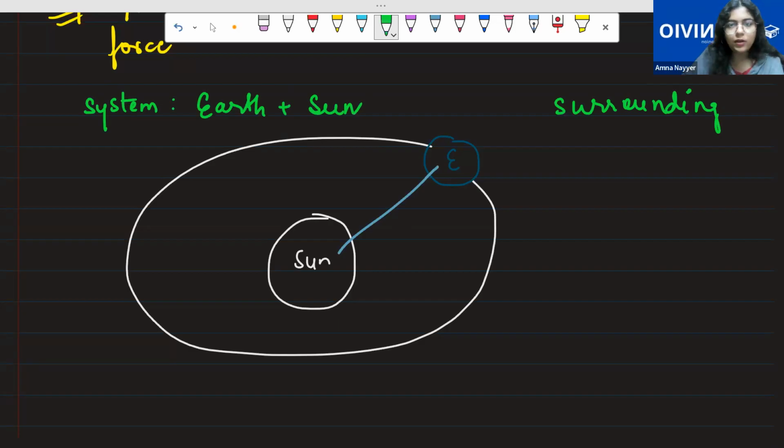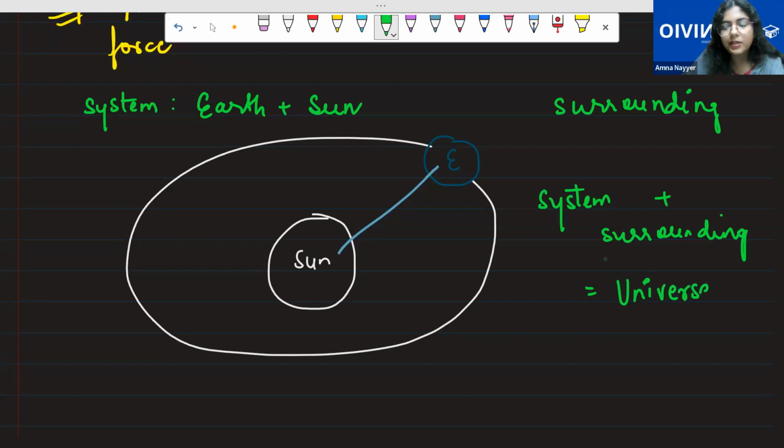So we can say, okay, system plus the surrounding make up our entire universe. Universe, you have the system which is under observation and the rest of the system that is present.